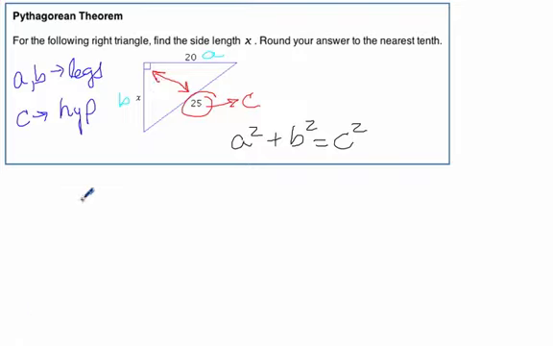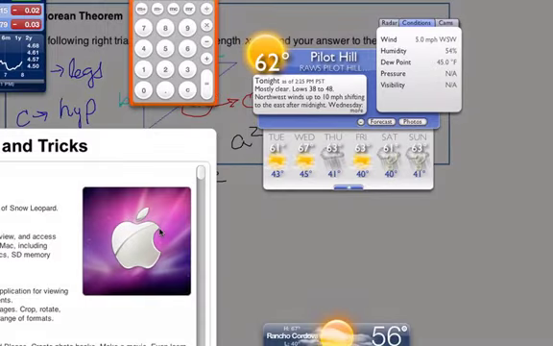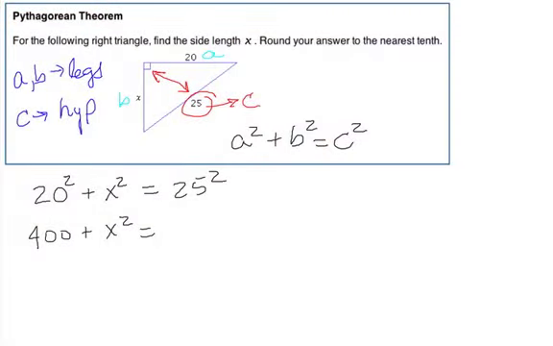So let's plug them in. What do we get? A squared, that's 20 squared. B squared, that's going to be x squared. And C squared is 25 squared. Multiplying out, we get 400 plus x squared equals 625.